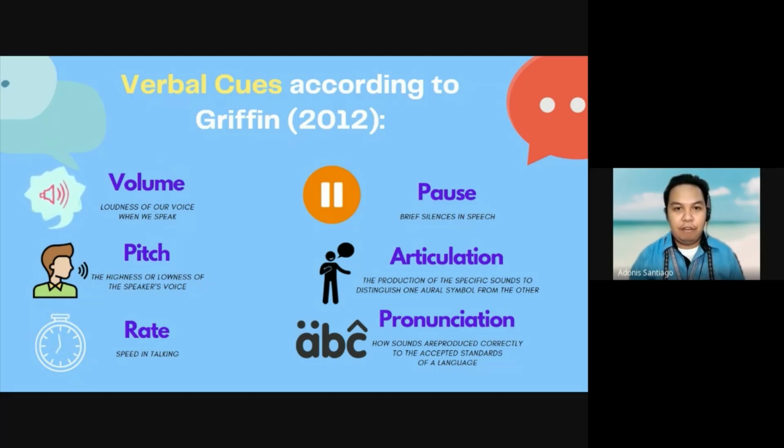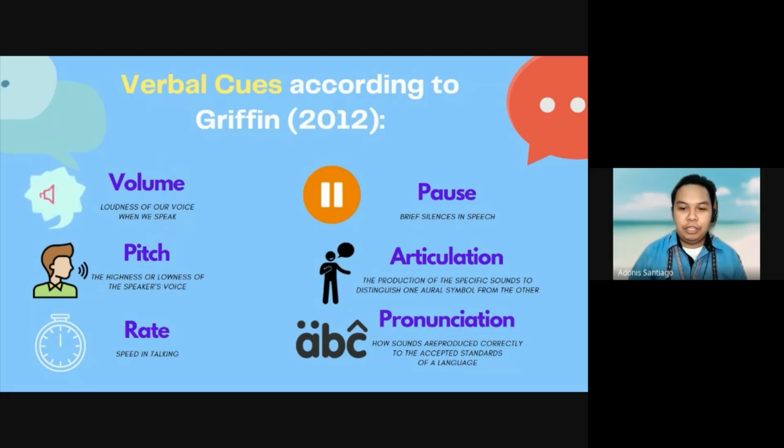But when you say that, no, I'm already full, so you articulated the sound in full. It means that you need not eat anymore because you are not hungry as of the moment. So do not say fool, because that means that you are crazy.